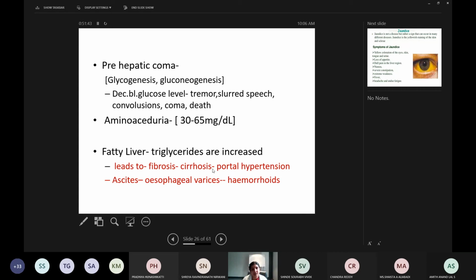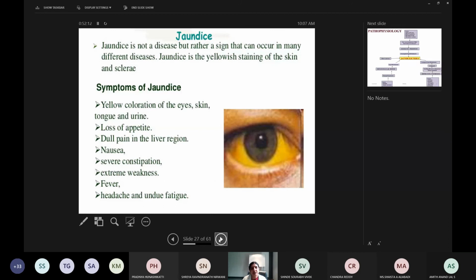Then the person will develop portal hypertension in long standing disease, and if not treated at this stage, they will go on to accumulation of fluid in the body called ascites, and this ascites will lead to esophageal varices and hemorrhoids. So these are all sequences of events in fibrosis or fatty liver if not treated at the proper stage. Okay, so these are the consequences.